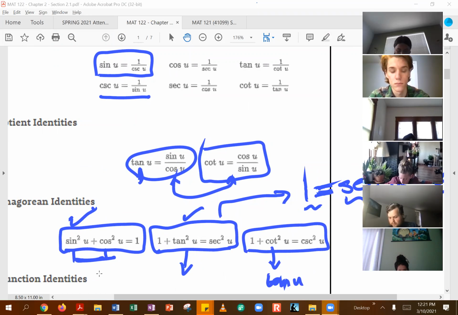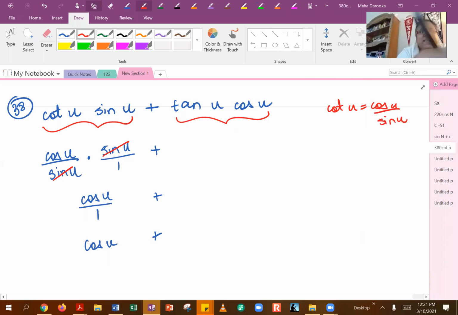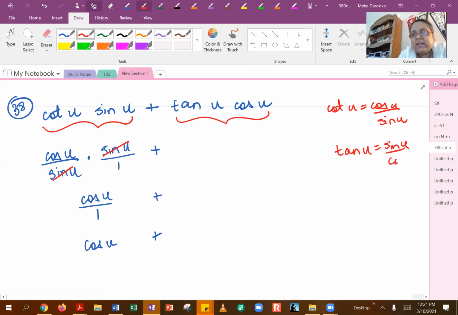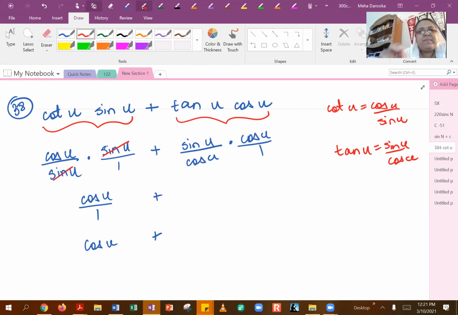Yeah, pretty much, very nice. And Katie, I just saw your answer also. So you're doing the same thing you did with the cotangent function, but this time we're using it with the tangent function. So we can rewrite our tangent as sine over cosine. When we translate that over here, this will become sine of u divided by cosine of u, and then multiplying it with the cosine of u function. Same thing, the cosine on the top and bottom cancel each other out, and we are left with just sine of u.